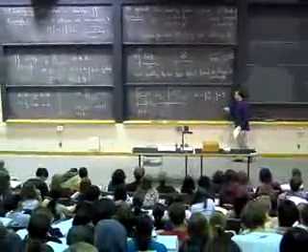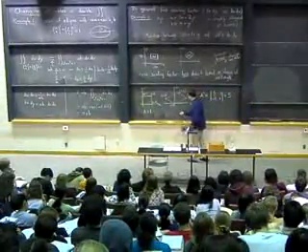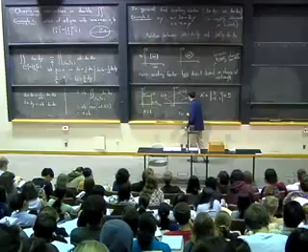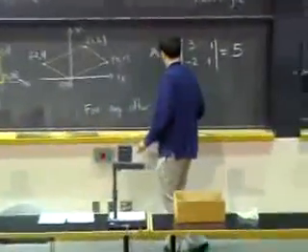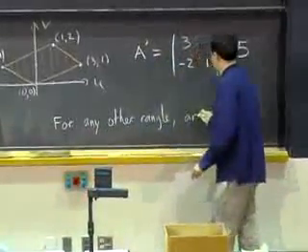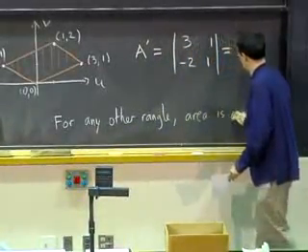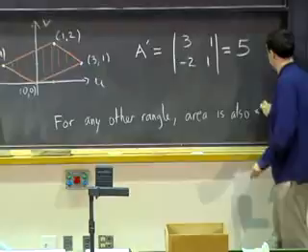So that tells us, actually, for any of our rectangles, area is also multiplied by 5.